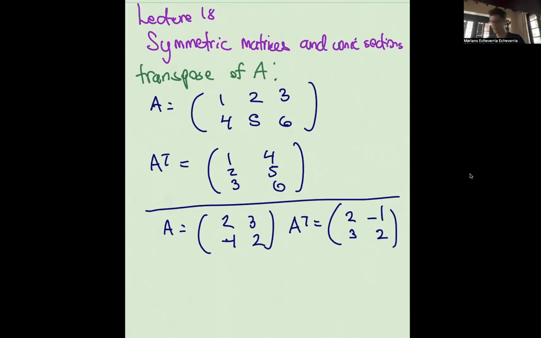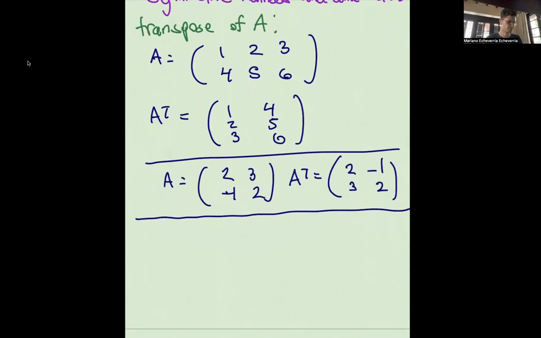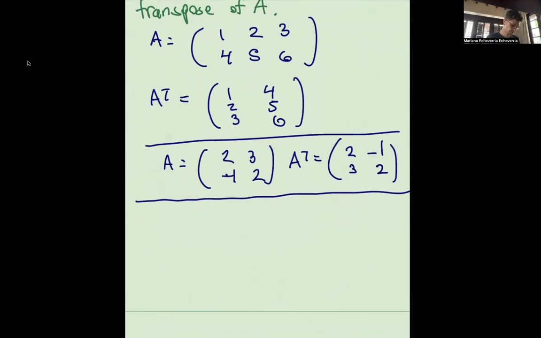Now, that is a natural operation that makes sense as a property you may want to use. But the real application of the transpose, the reason why it's useful, let me call that the key property.